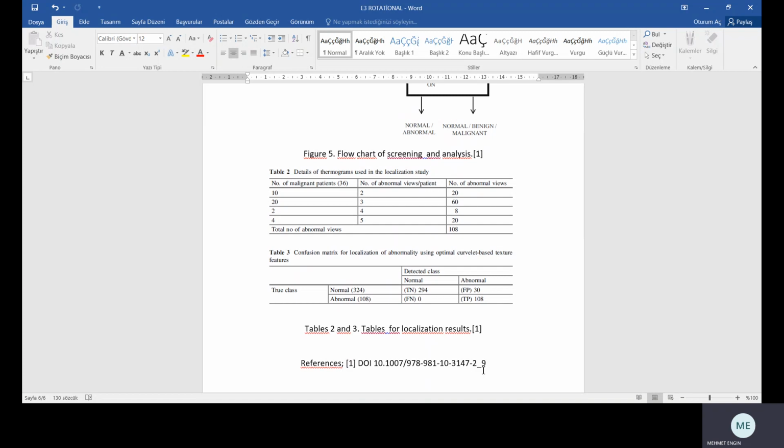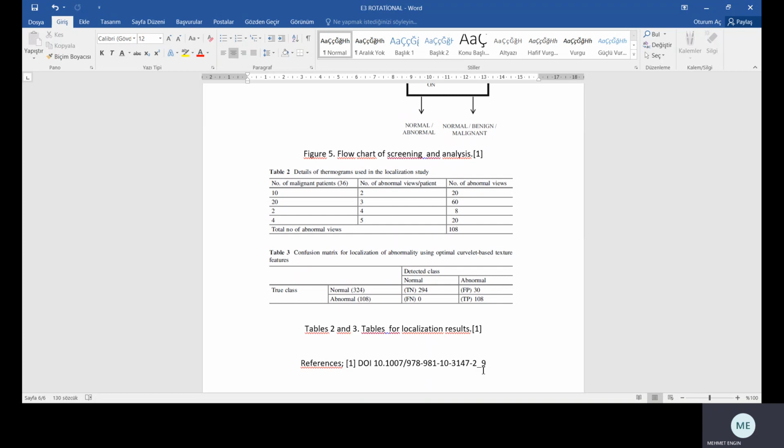According to this report, several views are indicated to be hyperthermal. Details of the thermograms used in the work are given in Table 2. Table 2 establishes that the distribution of heat on the breast surface is based on the severity of the underlying tumor.